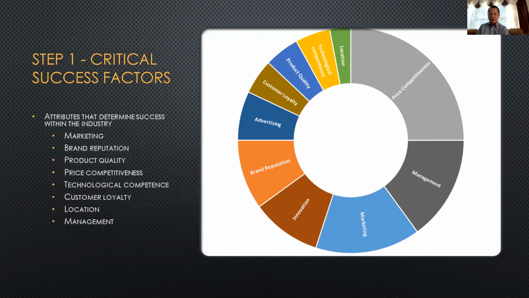What I've done here is chosen some factors that I feel are critical as I compare myself to my competitors: marketing, brand reputation, product quality, price competitiveness, technological competence, customer loyalty, location, and management. These are the factors that I selected. You can choose any factors you feel are critical or valuable in your market or your industry. And that's step 1, just to identify those.